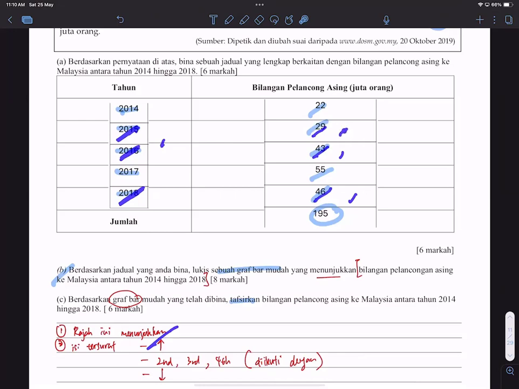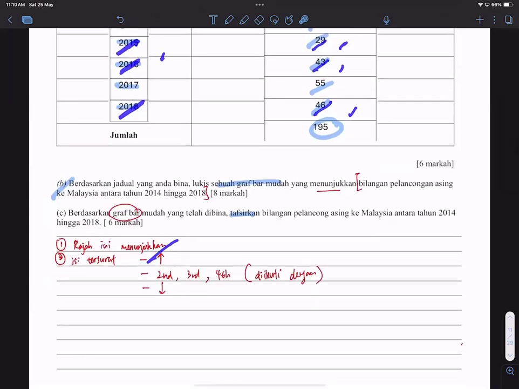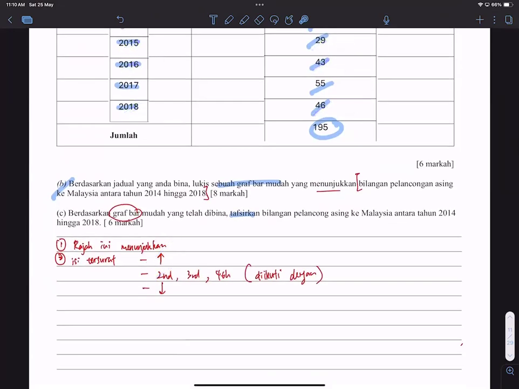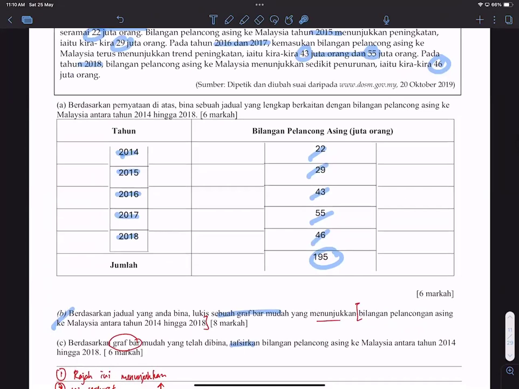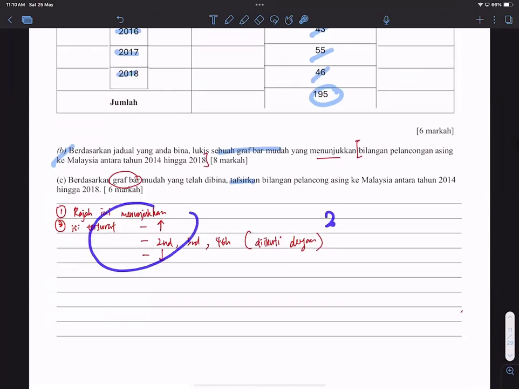I'm trying to combine everything from the second for all the intermediate figures into one sentence: second, third, and then the fourth highest. So this is your second tafsiran. The last one is pada tahun 2014 pula, mempunyai bilangan pelancong asing yang paling rendah, iaitu 22 juta orang sahaja.